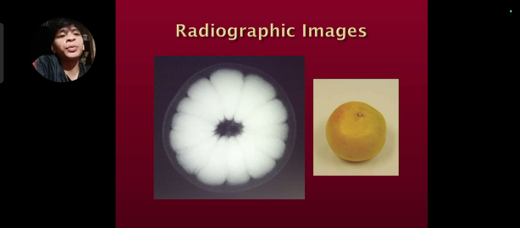For the fruit, this is its visual image. You can literally look into its internal components without decomposing or breaking it into pieces. This is the testing through the function of NDT, which is non-destructive testing.